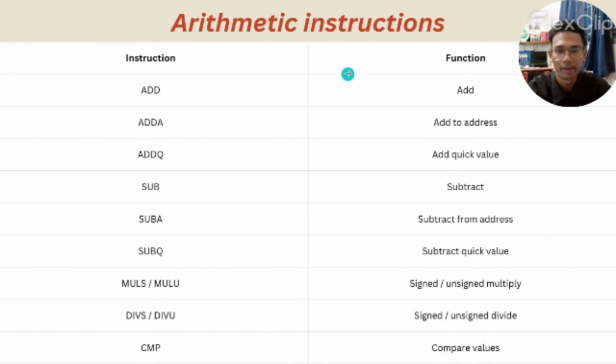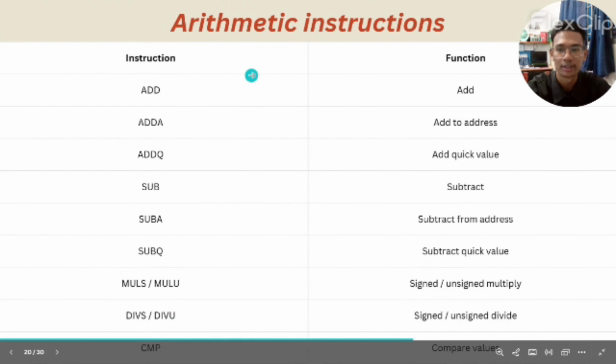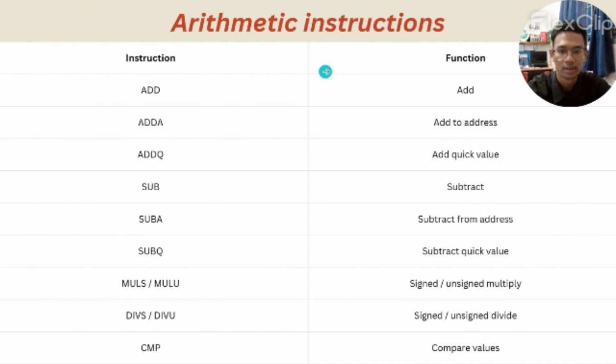The next one, arithmetic instructions. There are 9 instructions, and each of these instructions has its own function. For example, ADD, the function is add. ADDA, the function is add to address.